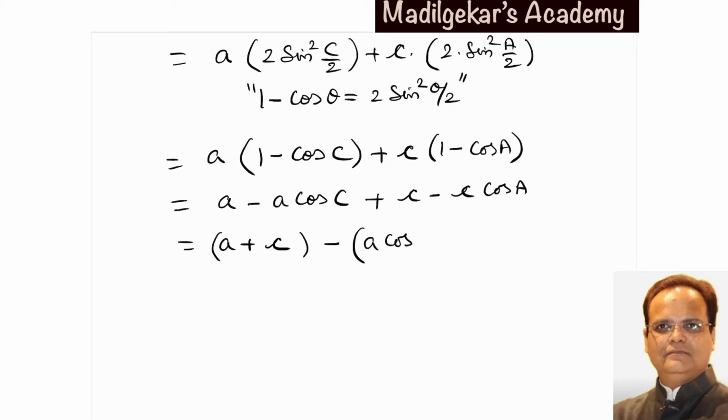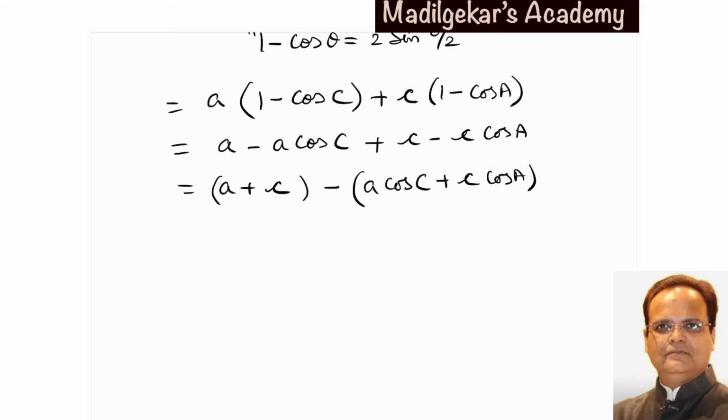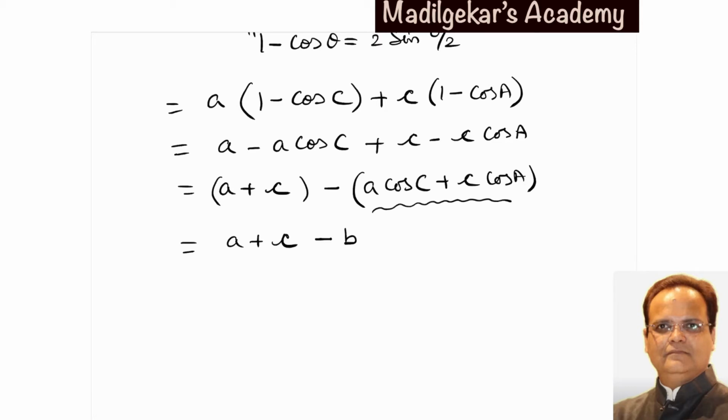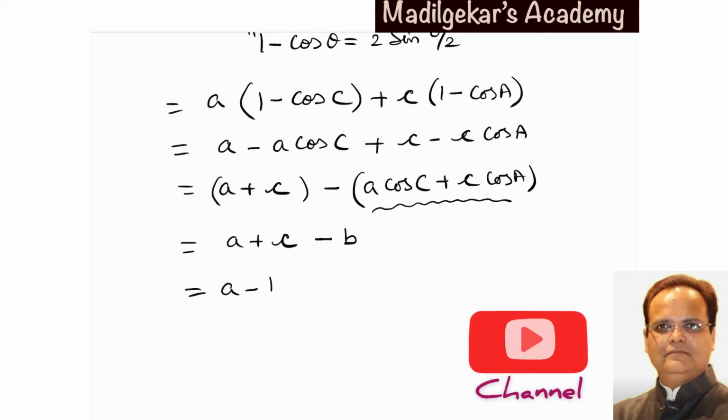It is a cos C plus c cos A, which is a plus c minus, by projection rule, a cos C plus c cos A is b. Rearranging, we get a minus b plus c, which is RHS. Hence proved.